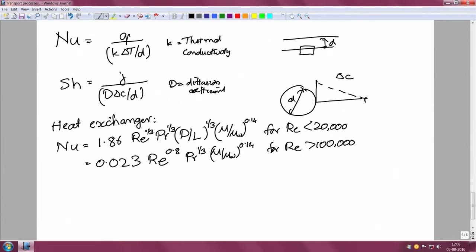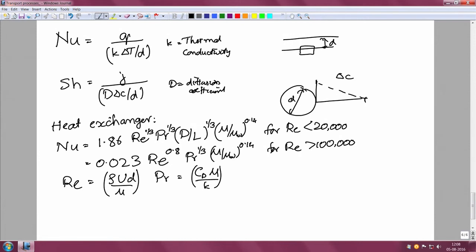These compress the dependencies into just a small number of parameters. In this case, the Nusselt number, the Reynolds number, Prandtl number, where the Reynolds number is defined as ρuD/μ, where D is the diameter, μ is the viscosity, and ρ is the density. Prandtl number is defined as Cpμ/k, where μ is the viscosity, k is the thermal conductivity, and Cp is the specific heat.